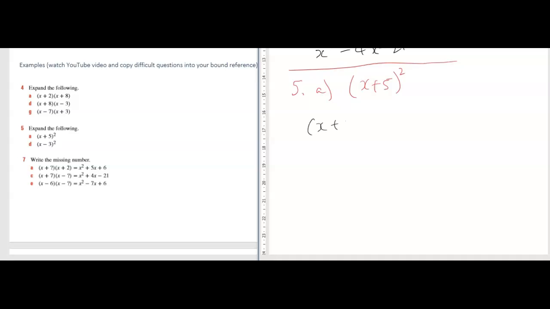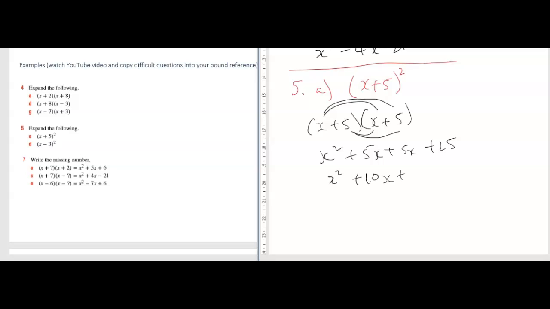We've got x plus 5, x plus 5. And we can do the first, outside, inside, last. Okay, so we've got x squared plus 10x plus 25.